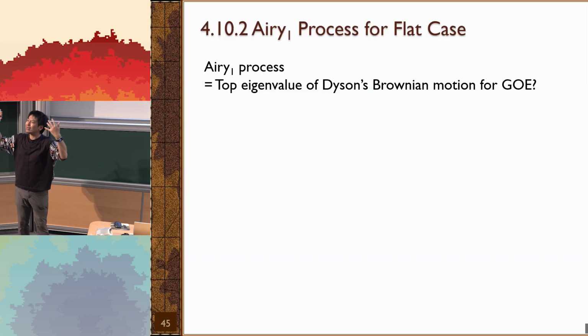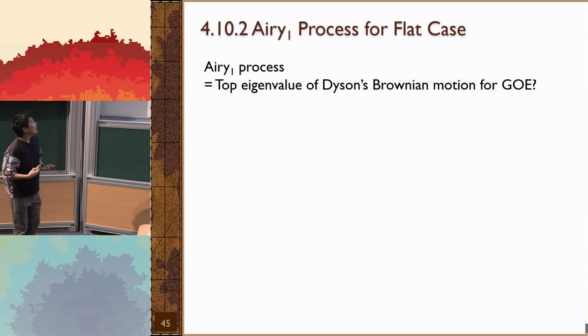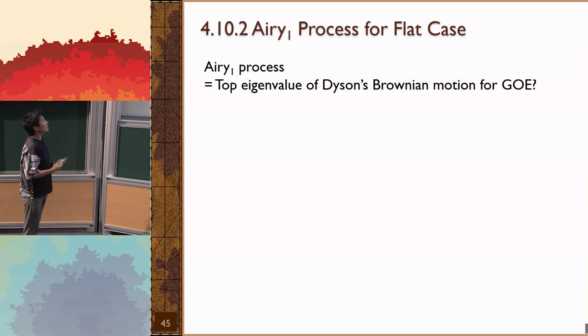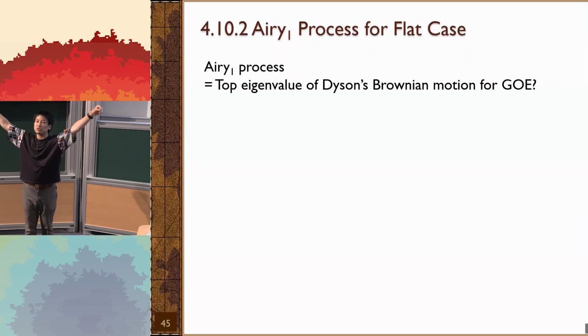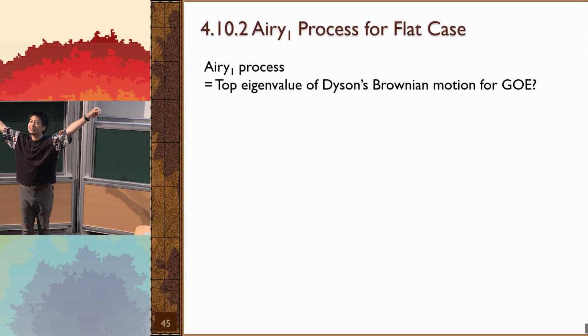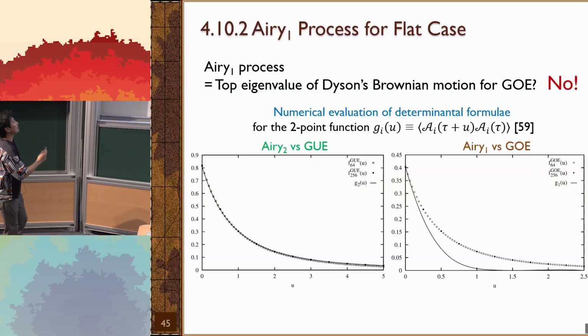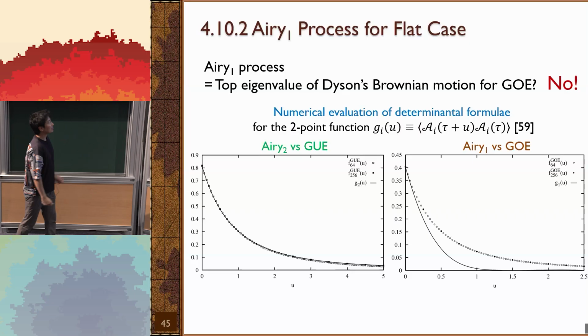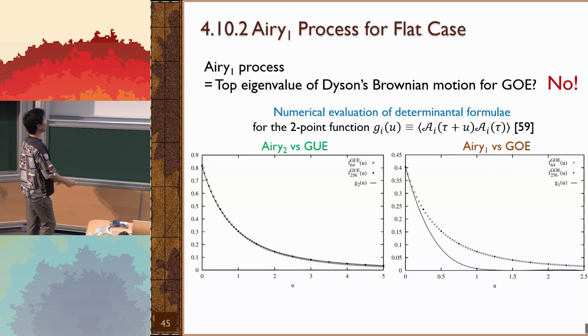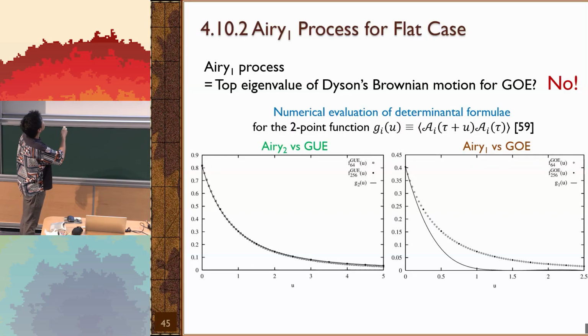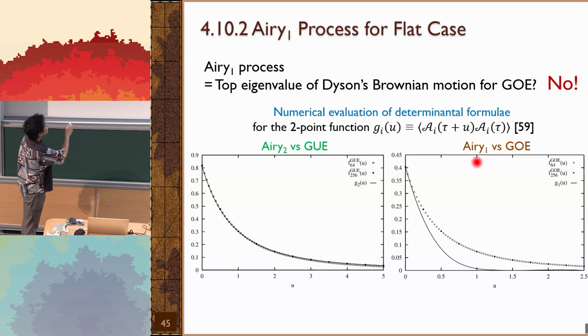So a natural expectation would be that for the flat case, probably it is the Dyson's Brownian motion for GOE random matrices. But that is not the case. Airy 2 is identical to the top eigenvalue of GUE Dyson's Brownian motion, but Airy 1 turned out to be not the top eigenvalue of GOE Dyson's Brownian motion.